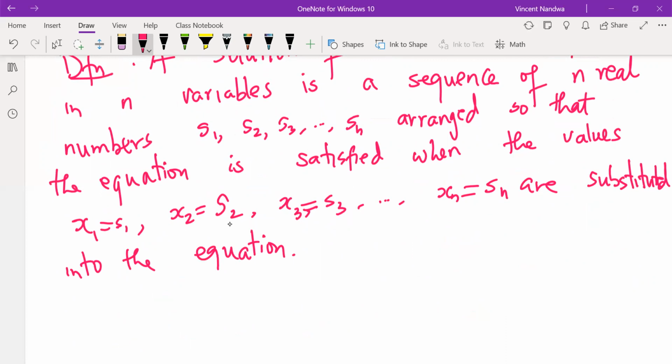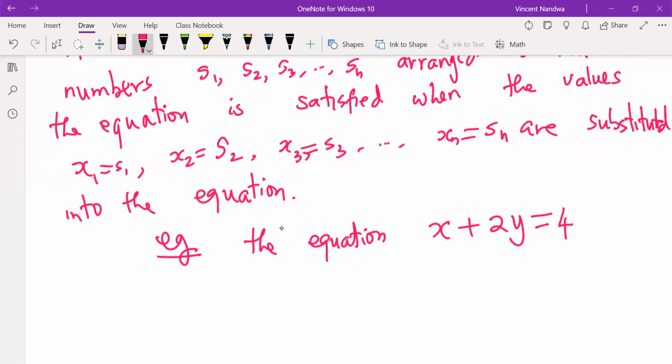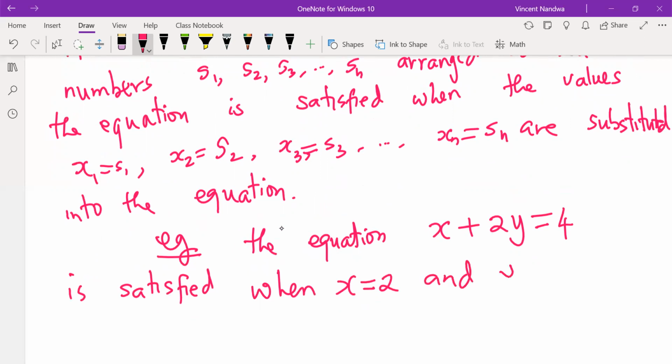So for example, the equation x plus 2y equals 4 is satisfied when x equals 2 and y equals 1.